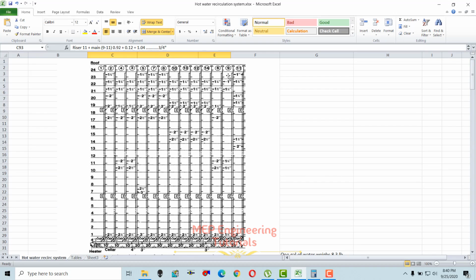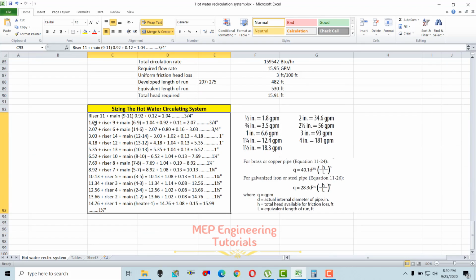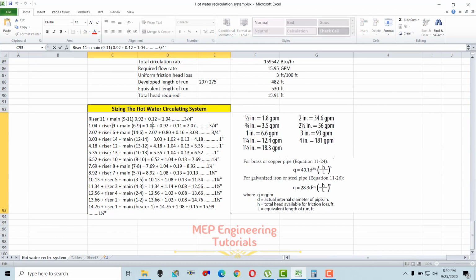So the second one is riser 9, and we have to add the value which we calculated earlier, the first value, plus riser 9 GPM value, plus the section between riser 6 and 9. The previous value is 1.04, plus riser 9 plus main 6 to 9.